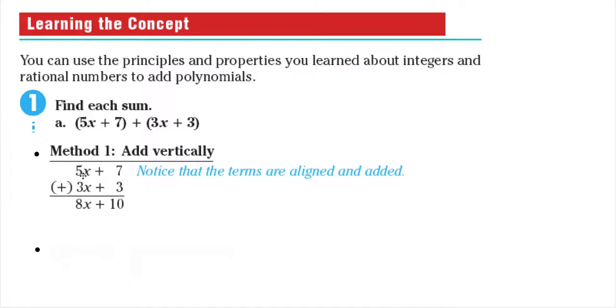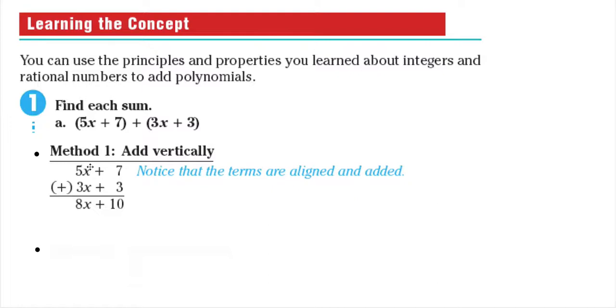Then going back to our definition of like terms, what are like terms again? Like terms are expressions with the same variables and exponents, and they only differ by their coefficients. So in this case, you have x and x.